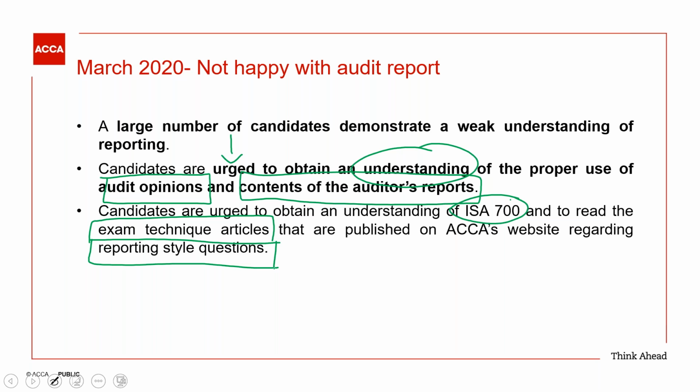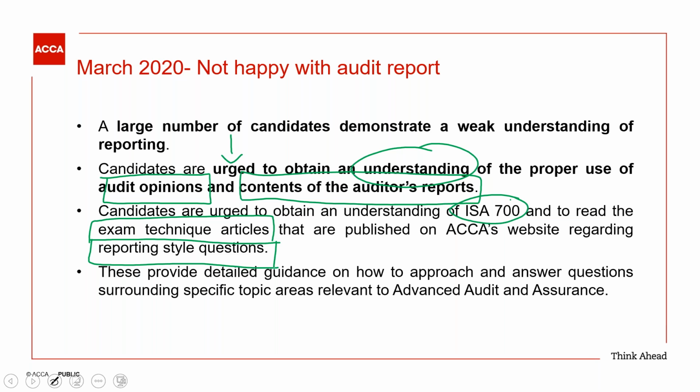One is that you should have proper knowledge of audit opinions and of the contents of the audit report. And then he wants you to know the types of reporting questions which come in past papers through the exam technique article. But he is very concerned about students having weak understanding of reporting.